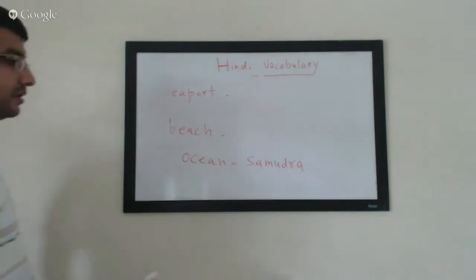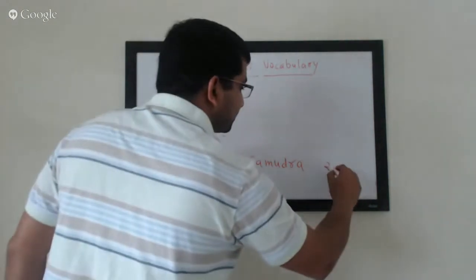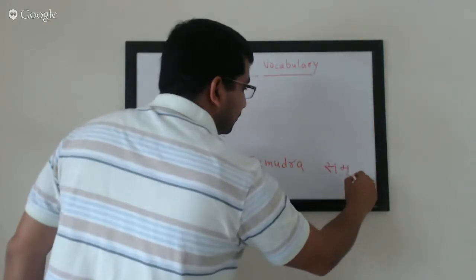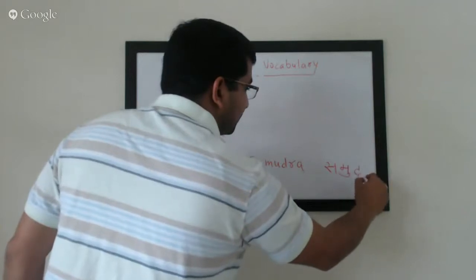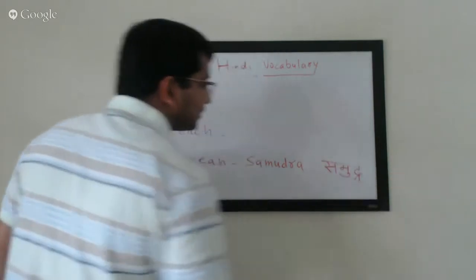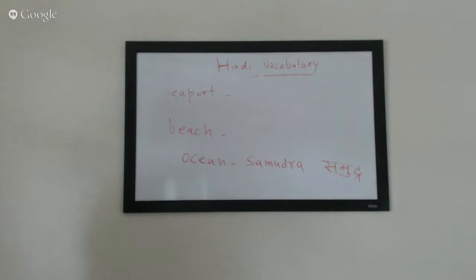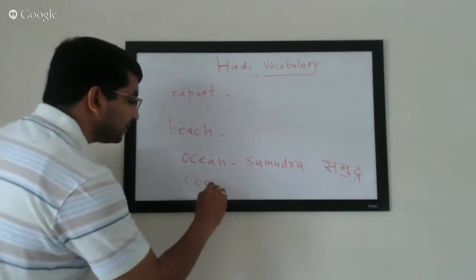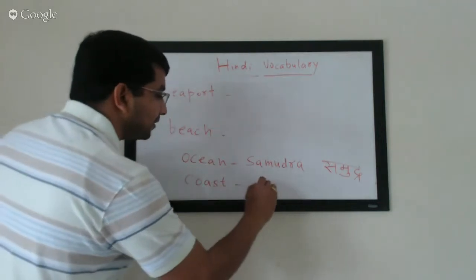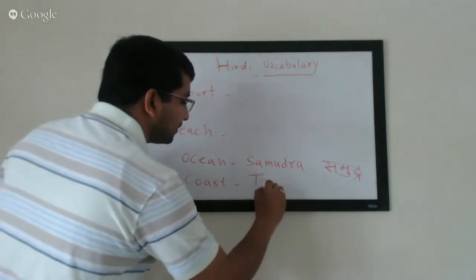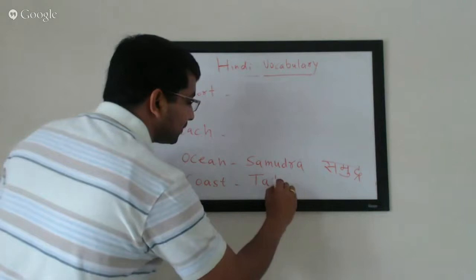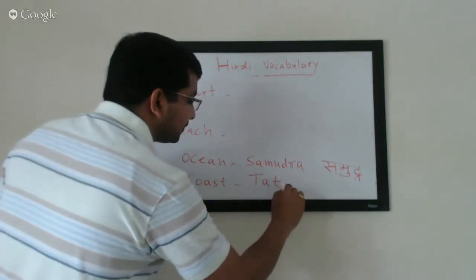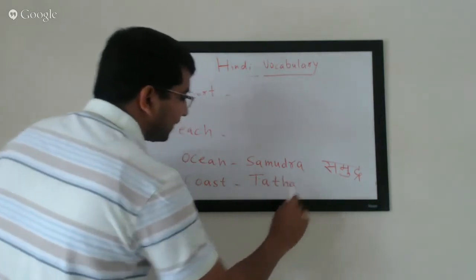Okay, samudra. The way you write it is sa, mu, and so on. Samudra is nothing but ocean. And coast is basically तट. I'll write it down.